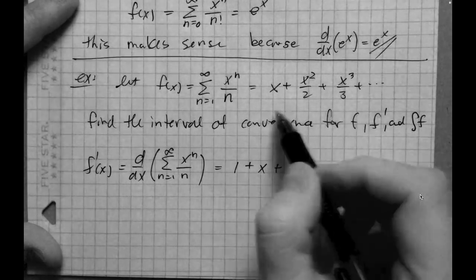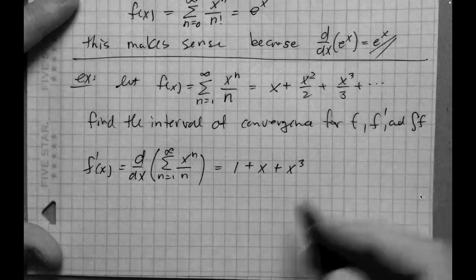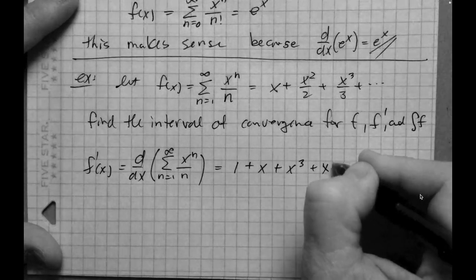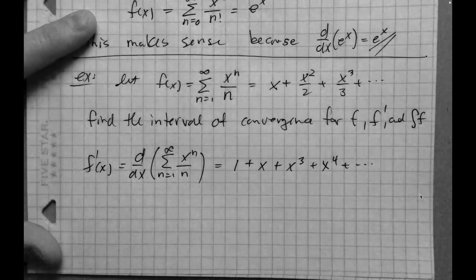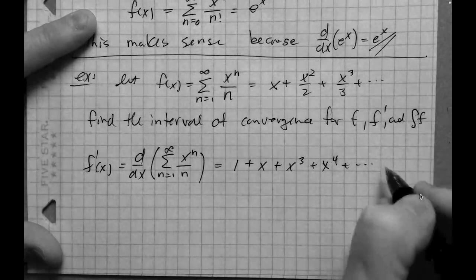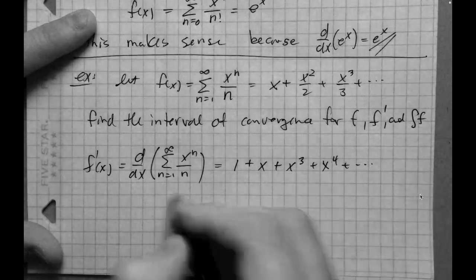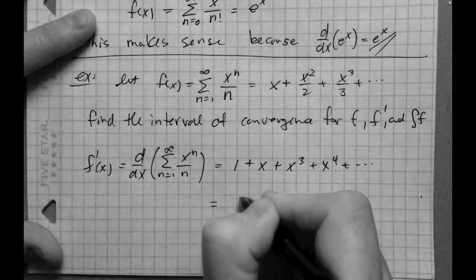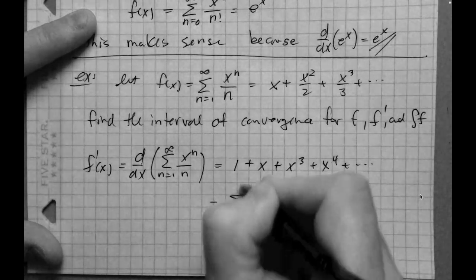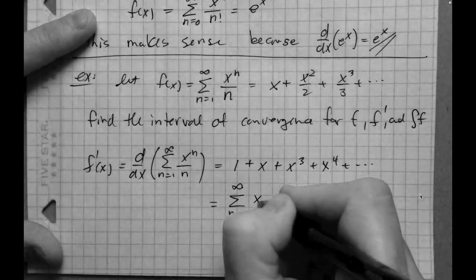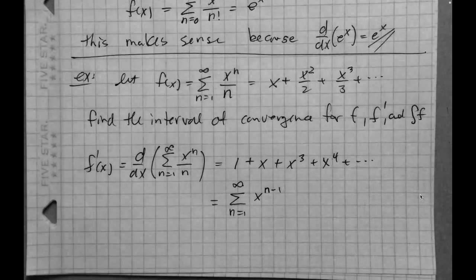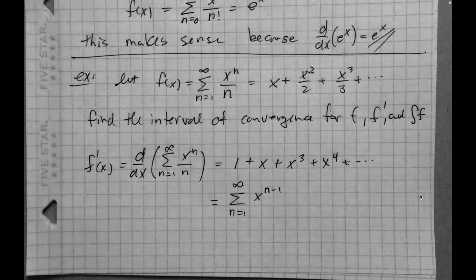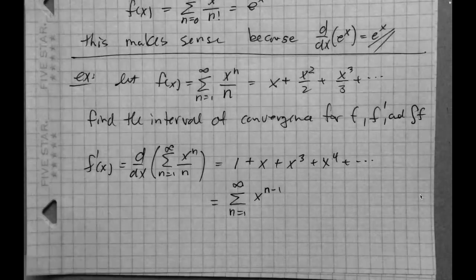Every time, the denominator cancels in the derivative. So it's equal to the sum from n equals 1 to infinity of x to the n minus 1. That's the derivative.